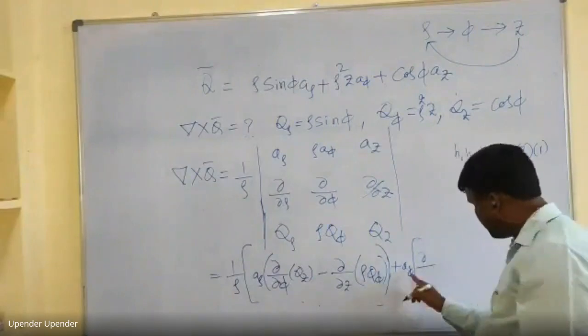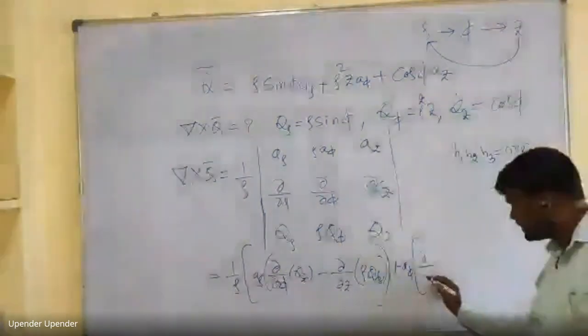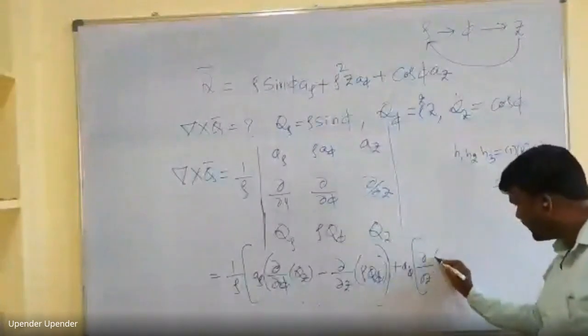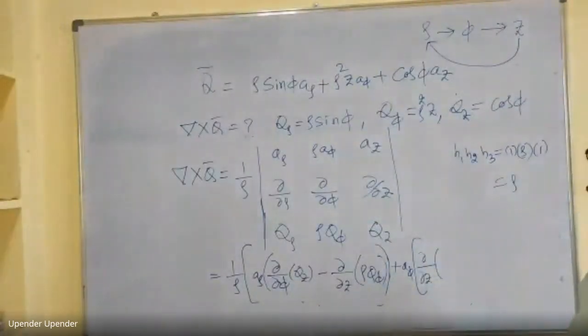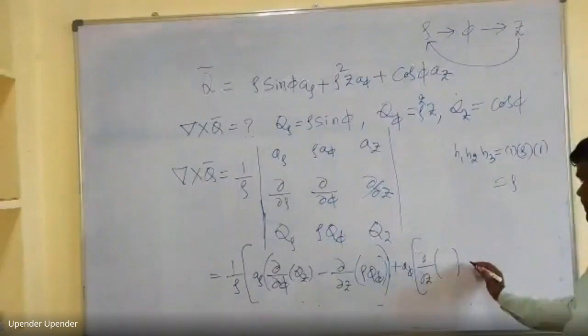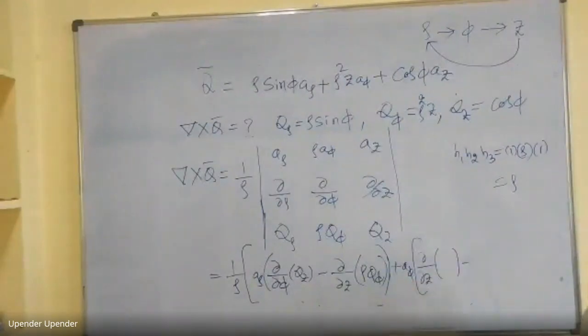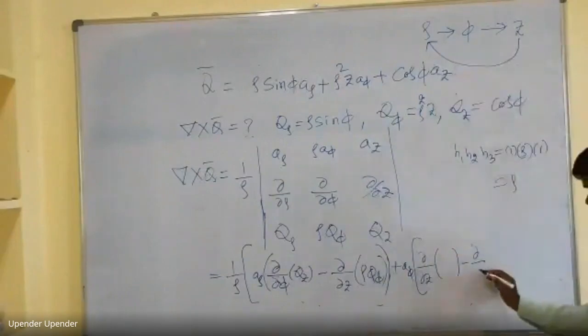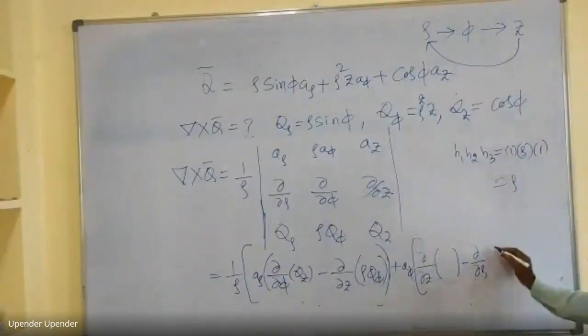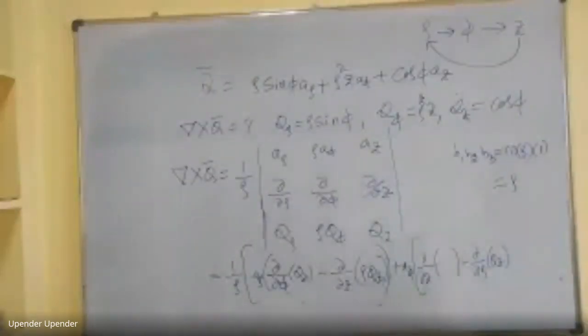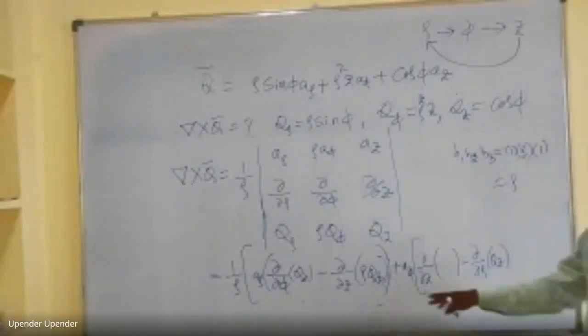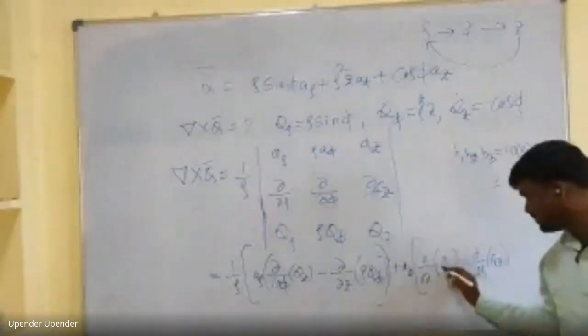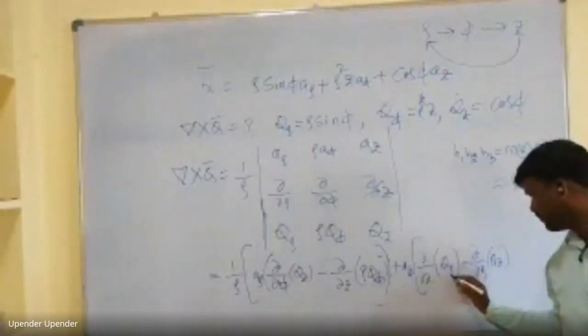After a phi, after phi, I need to go for z, that is dou by dou z of something, minus, after z, I have to go for rho, that is dou by dou rho. Now write down the z component. That is qz. And write down the rho component. That is just q rho.